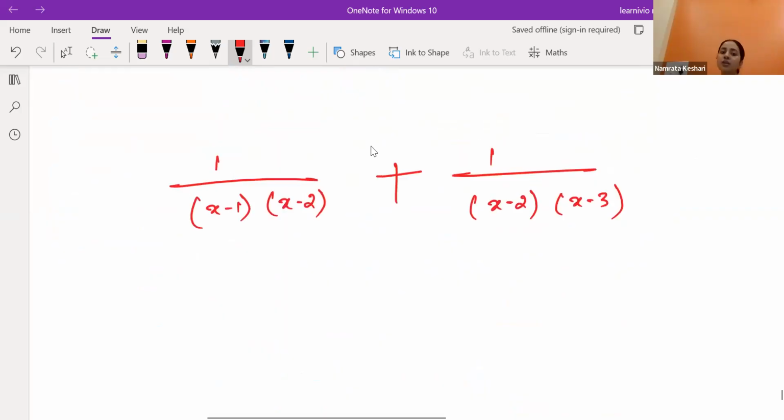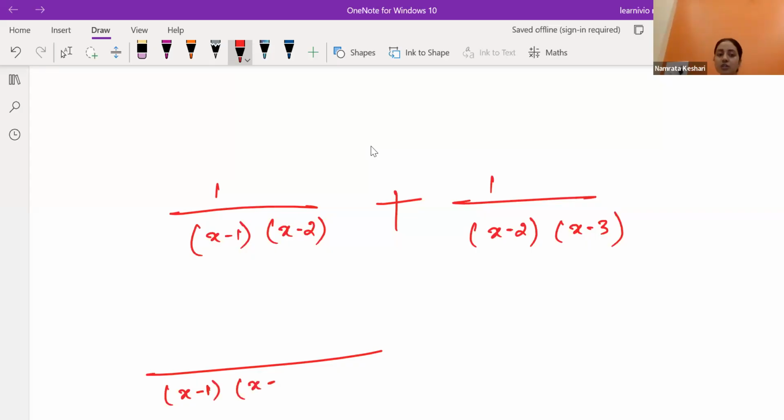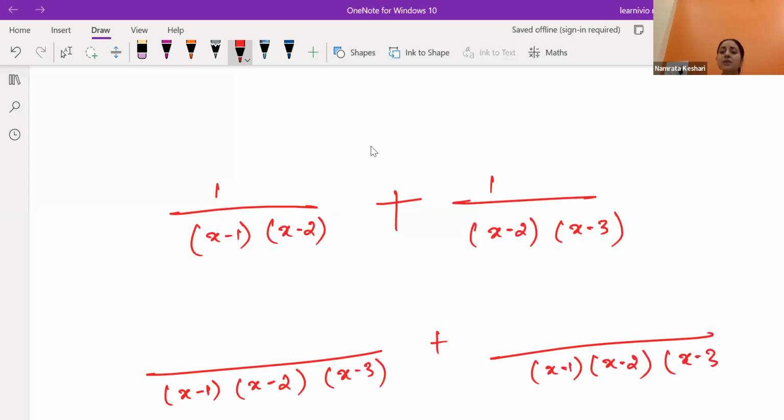First they figure out what the LCM will be, and we figured it out: x minus 1, x minus 2, x minus 3. In the US curriculum, in the Hong Kong curriculum, students just write it like this: x minus 1, x minus 2, x minus 3, because that is the LCM we found.